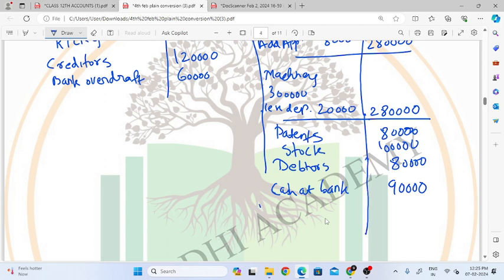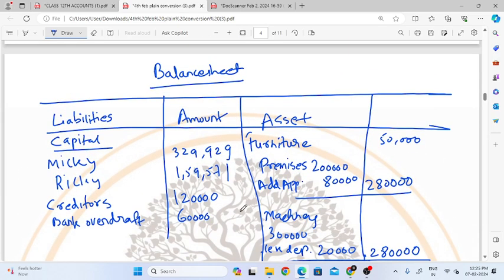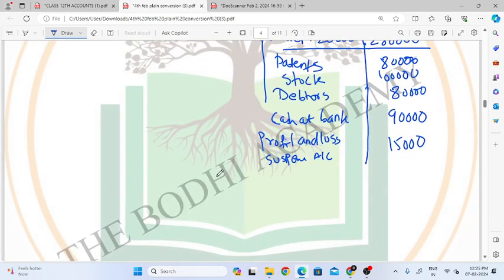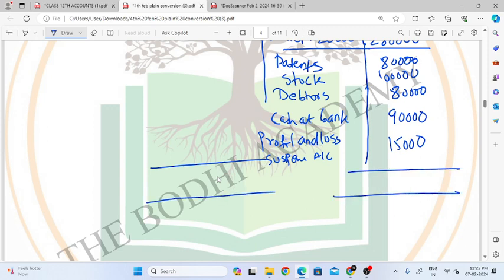Then profit and loss suspense account, also we have to take it on the asset side, which comes to 15,000. So the total of both the sides comes to 9,75,000, and this is the solution of your question number 6, that is death of a partner.